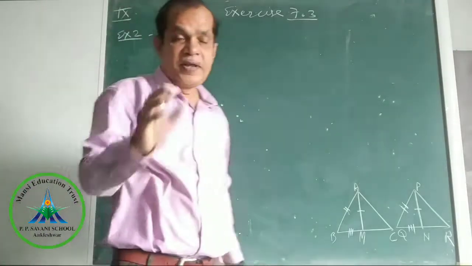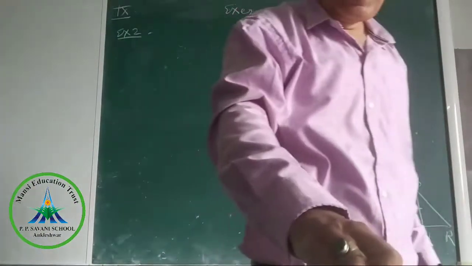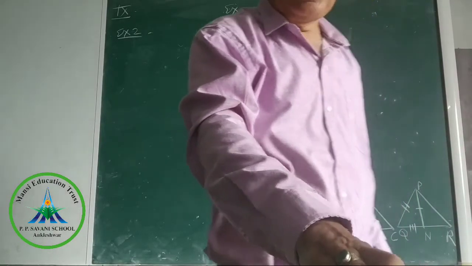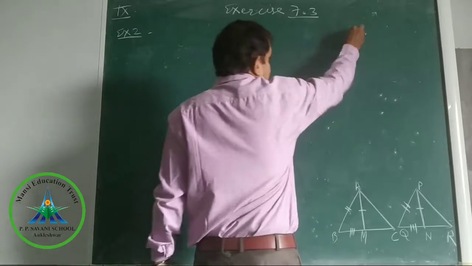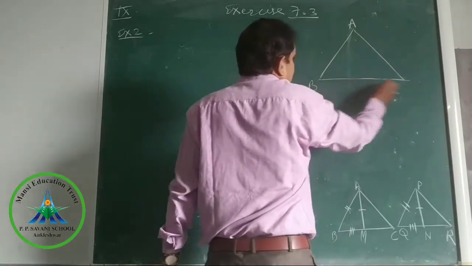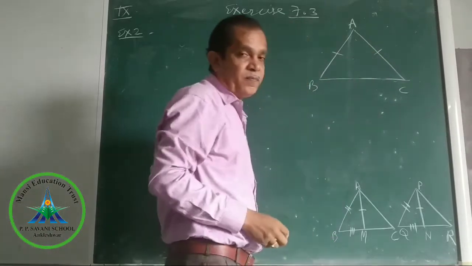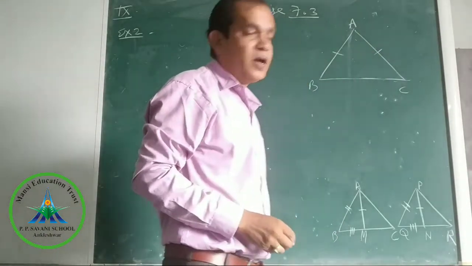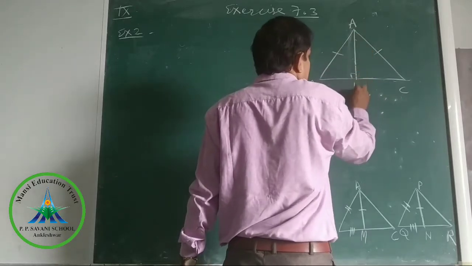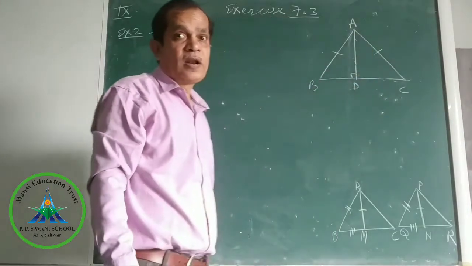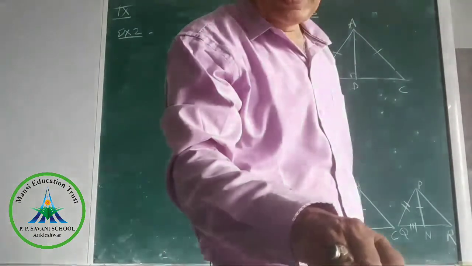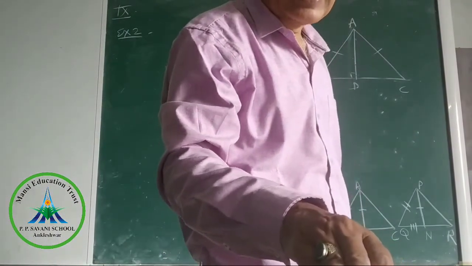Example 2 I am reading. See, AD is an altitude of an isosceles triangle ABC. So I am drawing isosceles triangle ABC. AB equal to AC. Okay, AD is an altitude. Altitude means perpendicular. Now see again they are telling show that AD bisects BC.